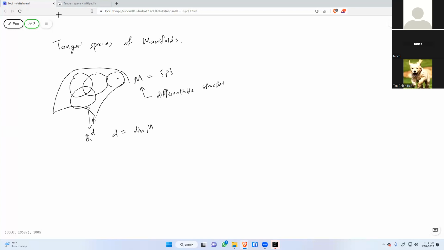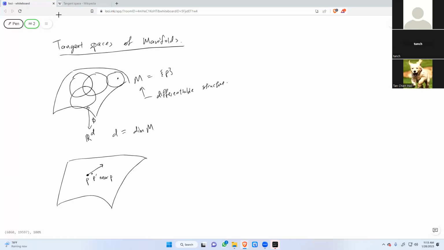And so the goal of defining tangent spaces of a manifold is that when we have a manifold M and a point P, we want to say that there is, in some sense, an arrow originating from this point. If we walk along the arrow, we get to another point P prime that is essentially near P.